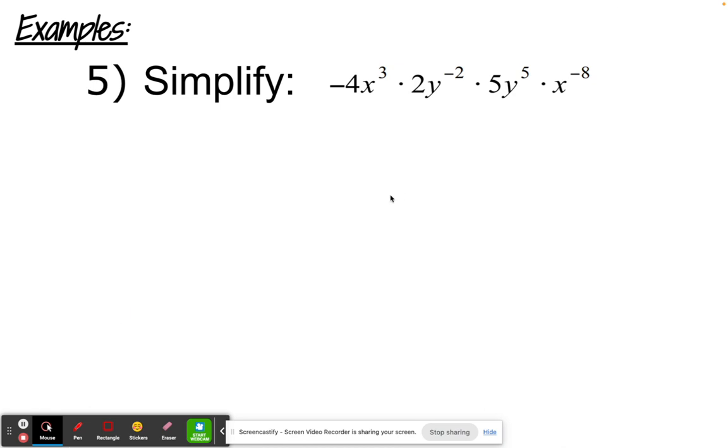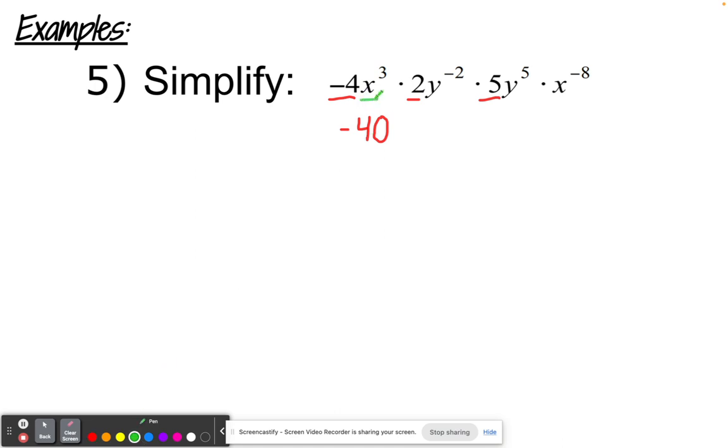Okay, let's simplify this. We got all sorts of things going on. Let's start with my numbers. I have negative 4 times 2 times 5. Well, 2 times 5 is 10 times negative 4 is negative 40. Remember, that's just a negative number. It's not an exponent. Negative 40. Well, let's look at my x's.